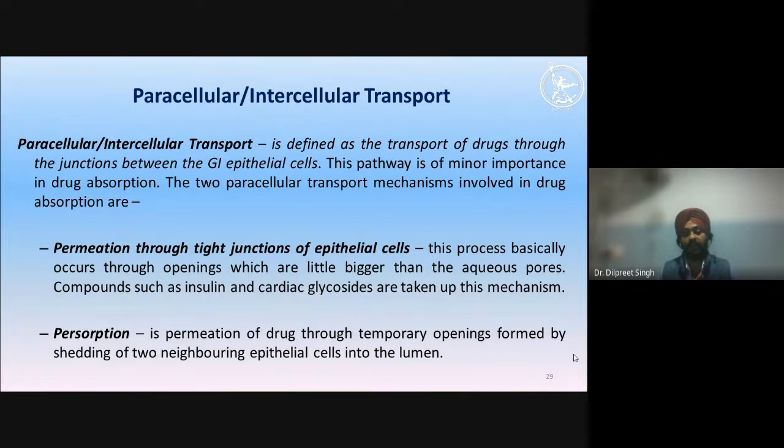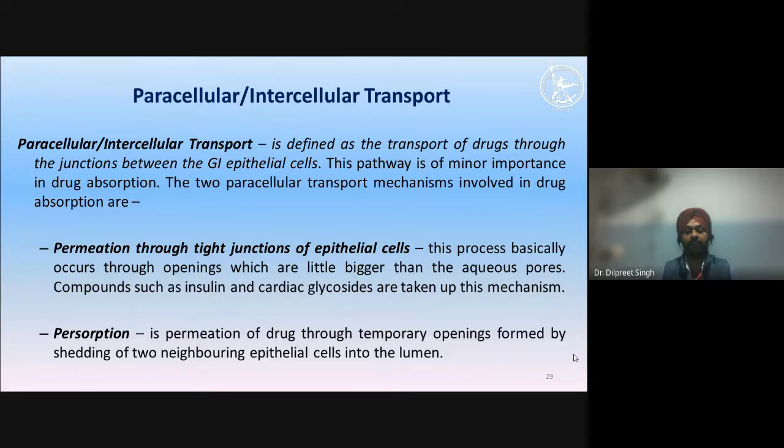Regarding the transport mechanism, there are two types: permeation through the tight junctions of epithelial cells, which occurs through openings that are a little bigger than the aqueous pores. The openings which promote absorption through tight junctions are used by drugs like insulin or cardiac glycosides. Persorption is the permeation of the drug through temporary openings.